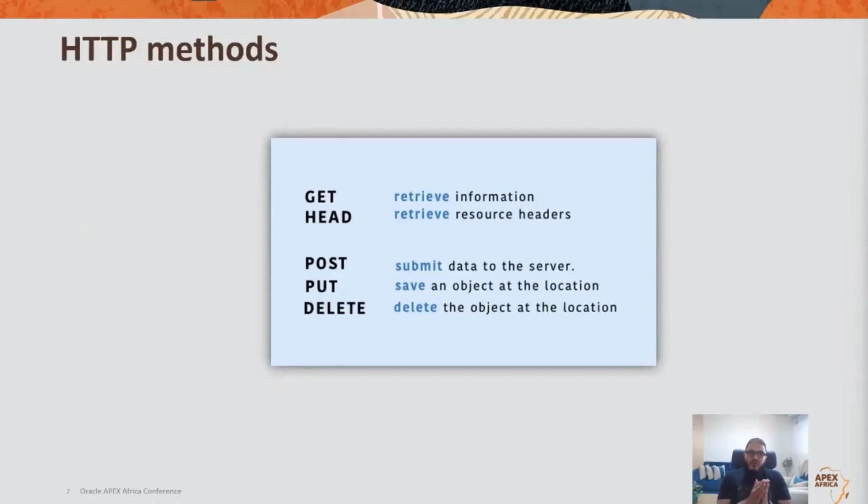The following four HTTP methods are commonly used in REST-based architecture: get, post, delete, put. Get provides read-only access to a resource. Post is used to create a new resource. Delete is used to remove a resource. Put is used to update an existing resource or create a new resource.